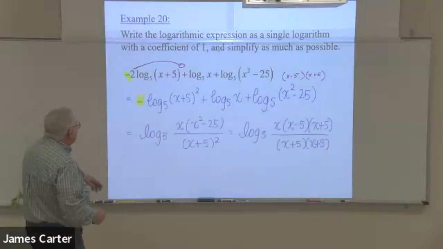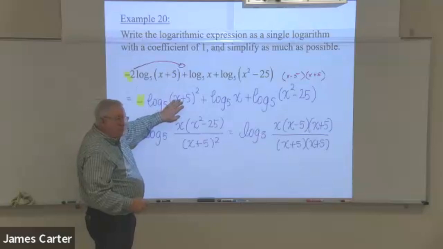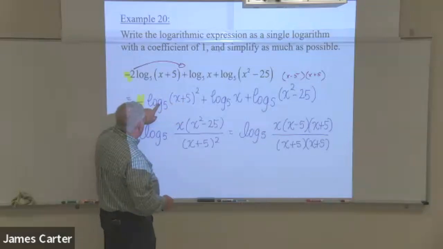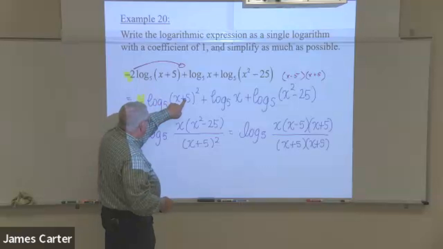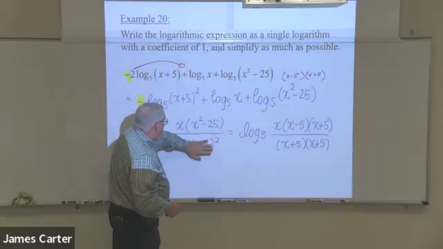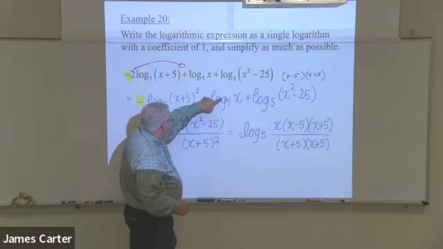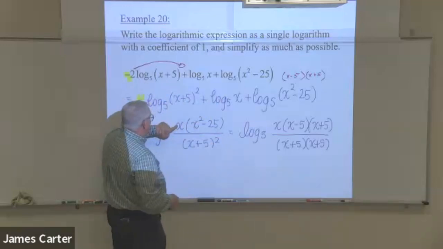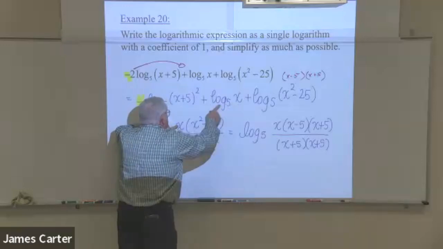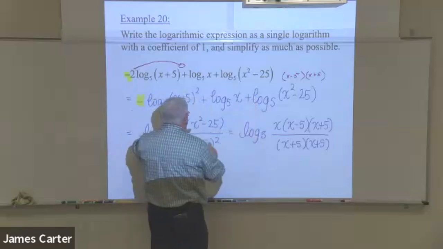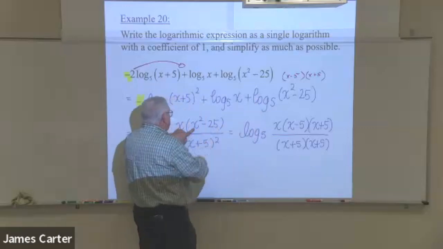Okay. We're starting to pull stuff in the numerator and denominator. This one is a minus, so x plus 5 squared has to go in the denominator. This one is a plus, so here's the x from this plus. And this one is a plus, so here is the x squared plus 25.